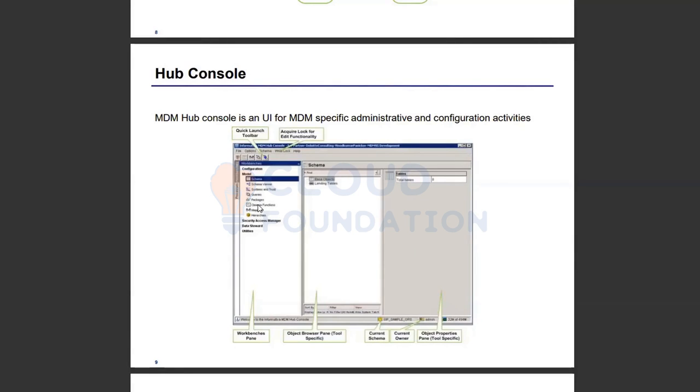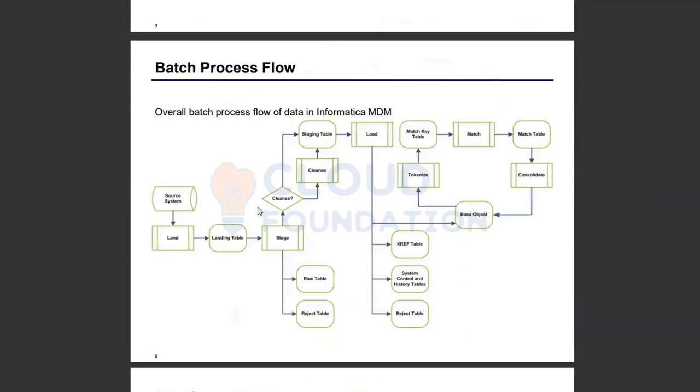You can see over here the cleanse function. These are the places where we'll be creating the cleanse functions. And this uses the IDQ mappings as a cleanse function, but the IDQ mapping should be published via a web service. Only afterwards we'll be able to do that.